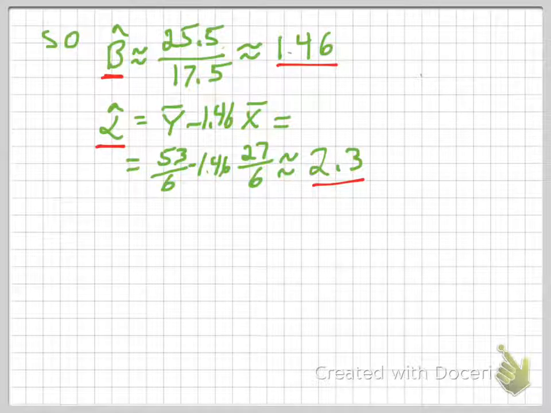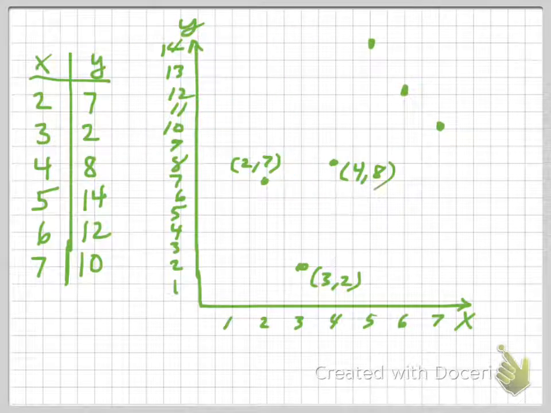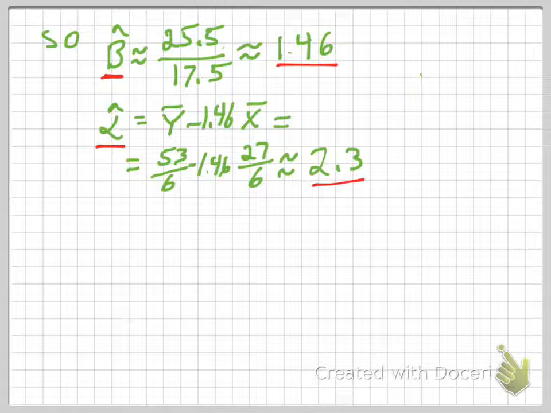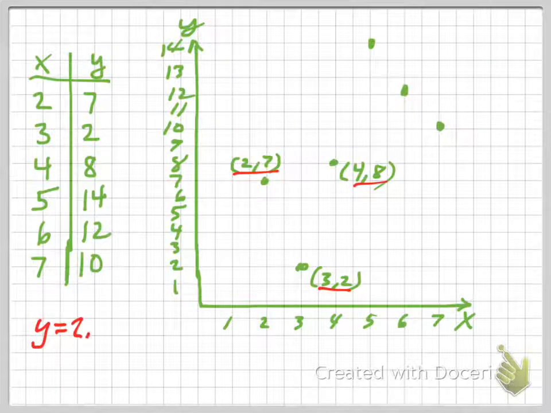So what does this look like then? Well, here's the Cartesian scatter plot of my points. So I have 2, 7 here, then I have 3, 2 down here, then I have 4, 8 here. So my equation is y equals, let's go back and check, 2.3 plus 1.46x.